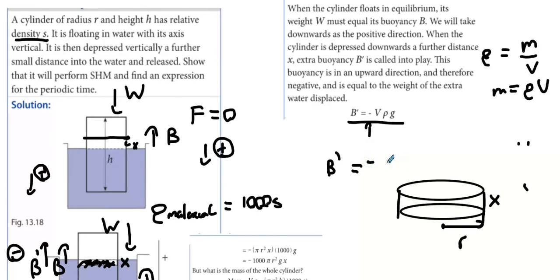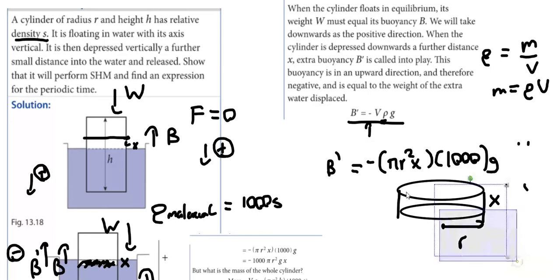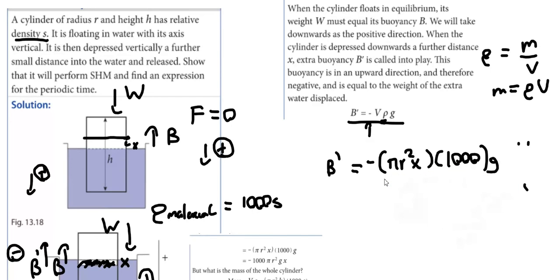So minus its volume, which is going to be pi r squared x, because it's a cylinder. Remember, it's the amount of water displaced, so it has to be times 1,000, the density of water. Then you have your gravity there. So that is your extra buoyancy force, done and dusted already.